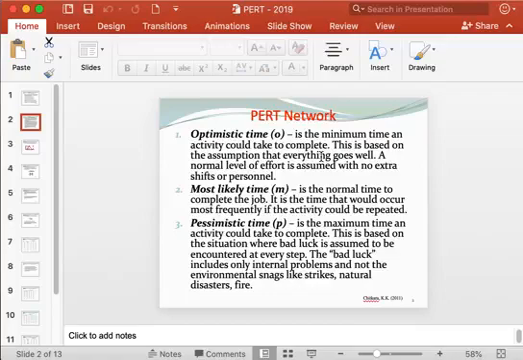If you feel that a particular activity will take at the minimum that many number of days or weeks, for example, then that becomes the optimistic time.